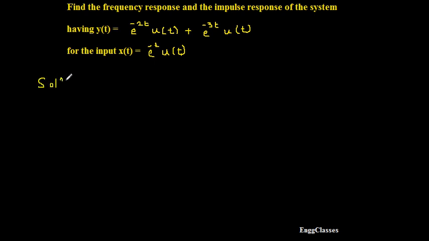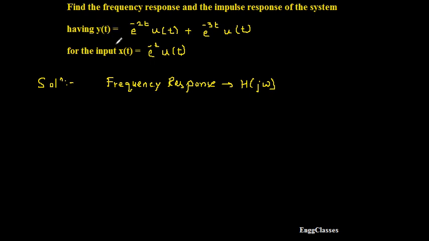First I will tell you what we need to find, and then we'll start applying the formula. Frequency response is nothing but H of j omega. So how do I get H of j omega? Whatever is given, it is x of t and y of t.